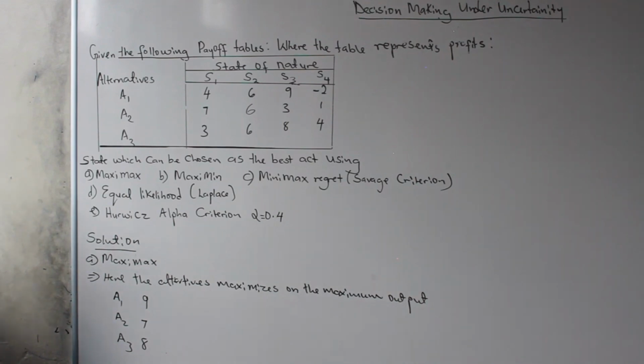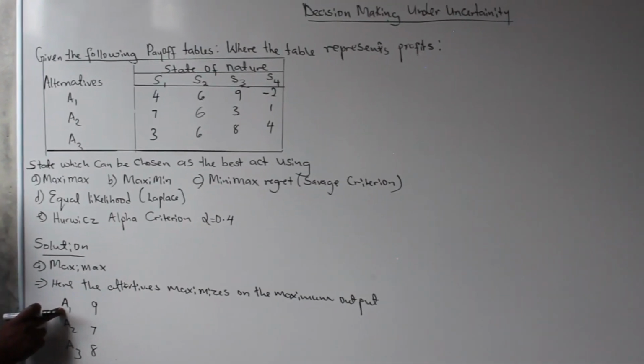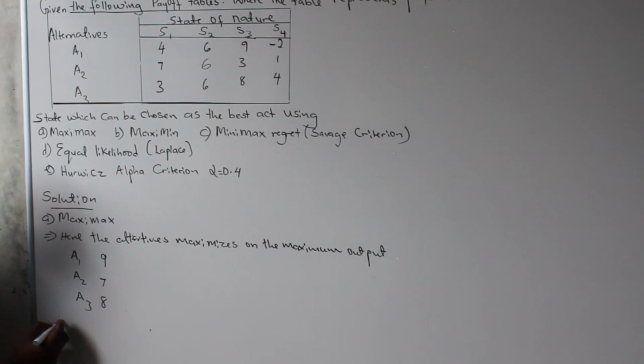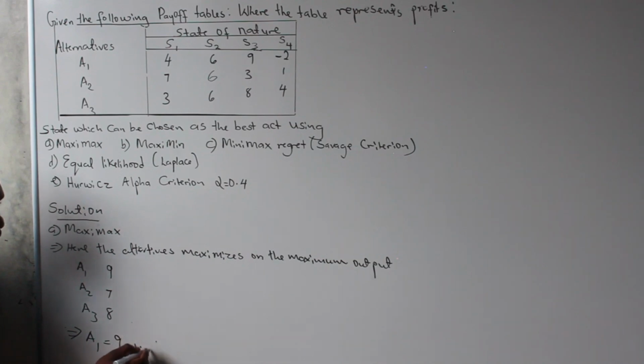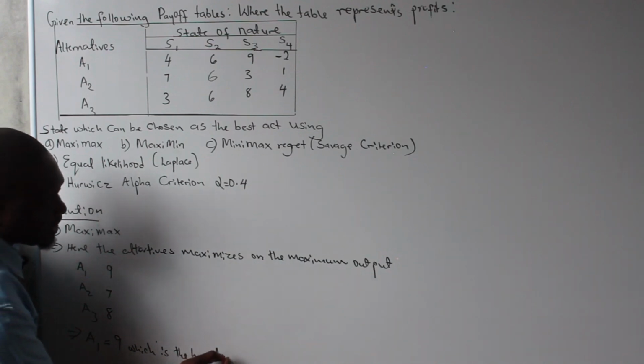Now you look among all of them for the maximum, and A1 emerges as the highest payoff. So our solution is A1 equals 9, the best alternative in this case.